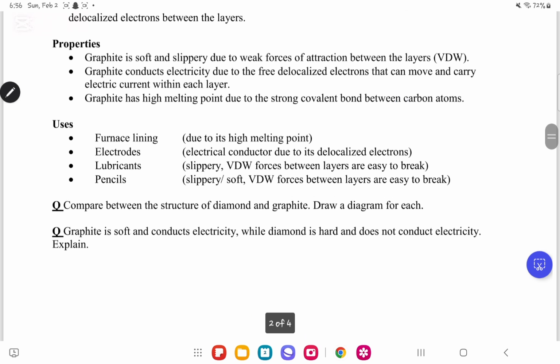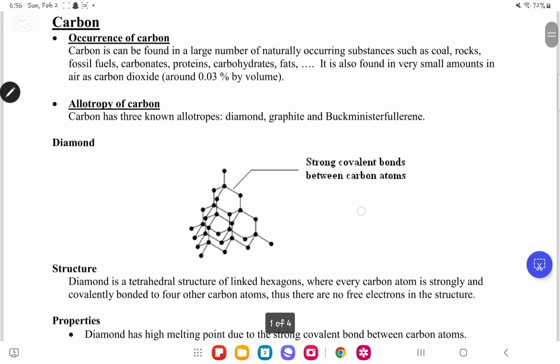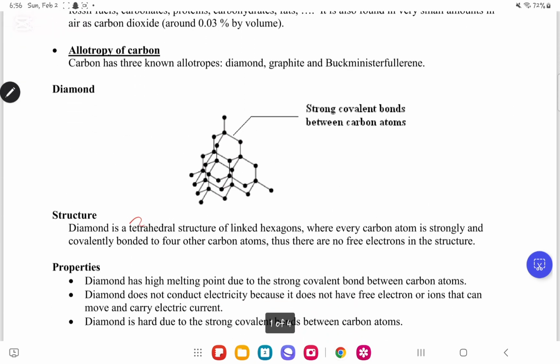Now compare the structure of diamond and graphite. Draw a diagram for each. I'm not gonna draw, I'm just gonna go over it. The structure of a diamond is tetrahedral, shaped like a hexagon. Every carbon is strongly bonded to 4 other carbon atoms and there are no free electrons.